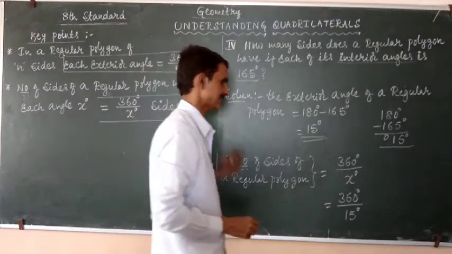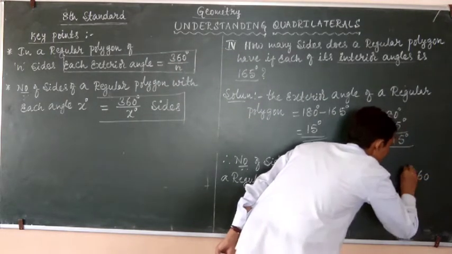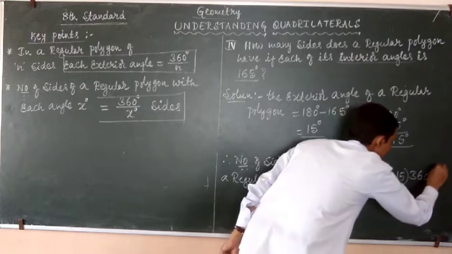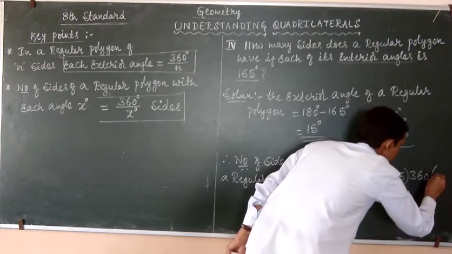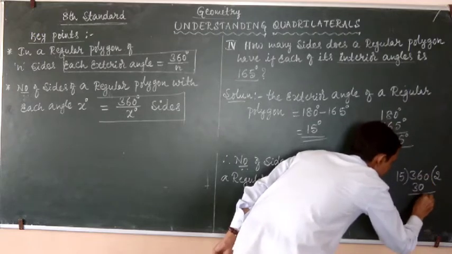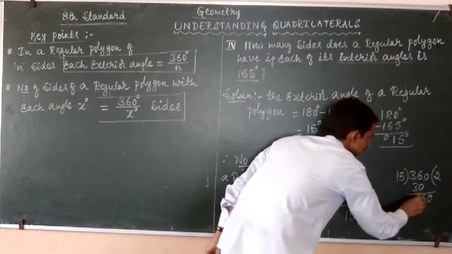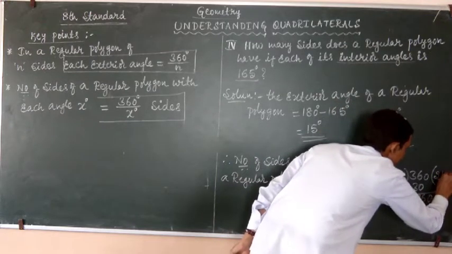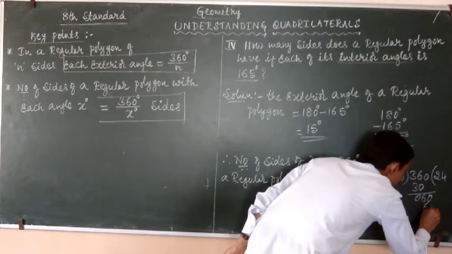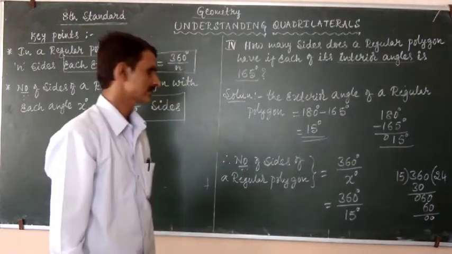If you divide 360 by 15, 15 twos are 30, 15 fours are 60, so we receive 24.